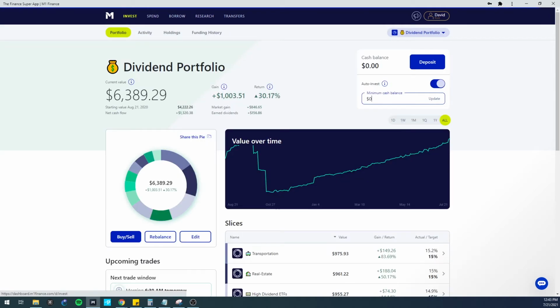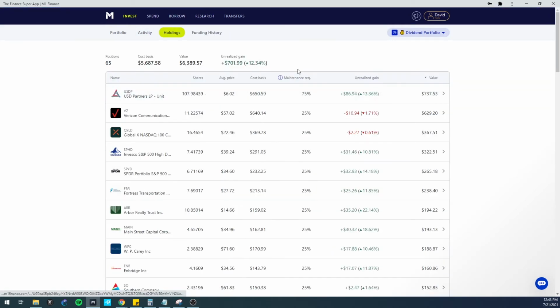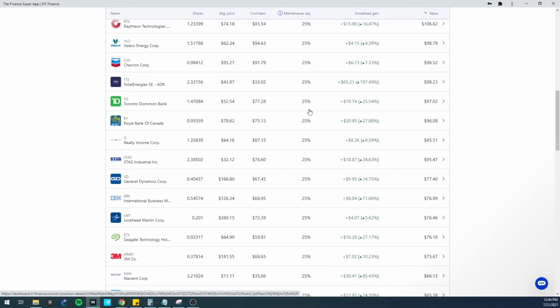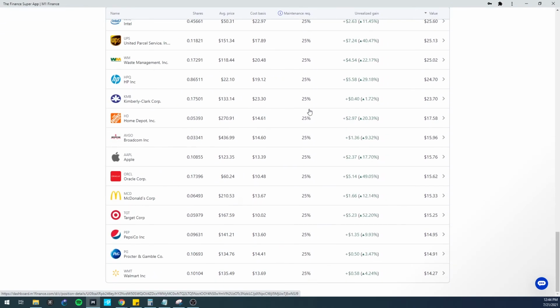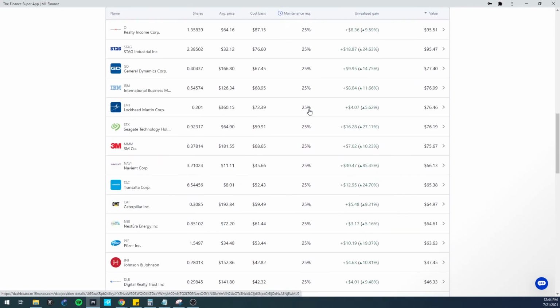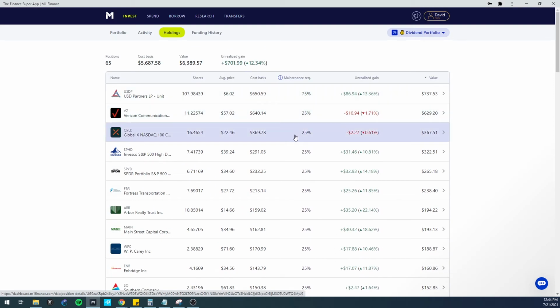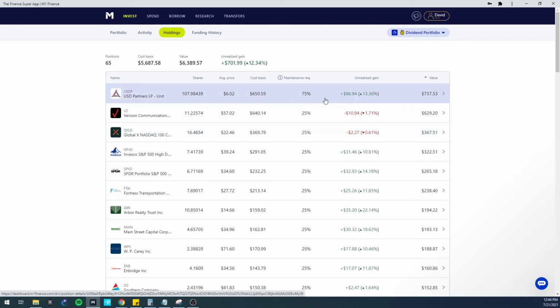And how that's calculated is through these holdings. It takes the current value of your portfolio, and it takes your allocations and the maintenance requirements to tell you how much you're eligible to borrow. It's an automated way of doing it.